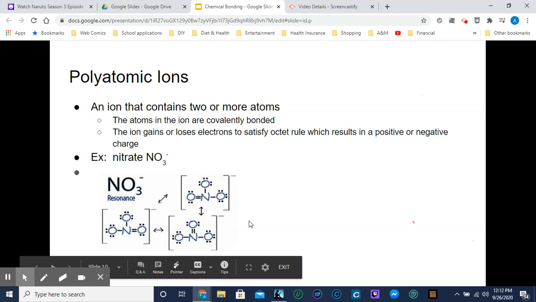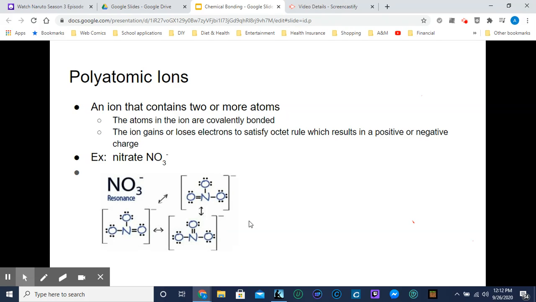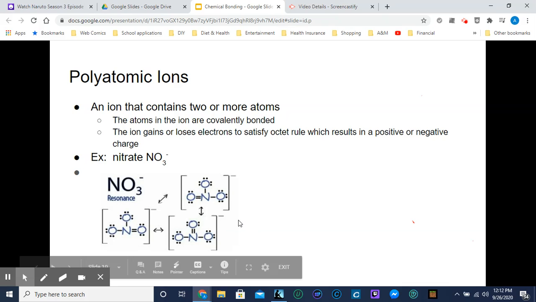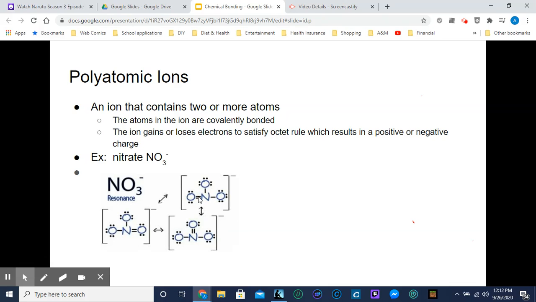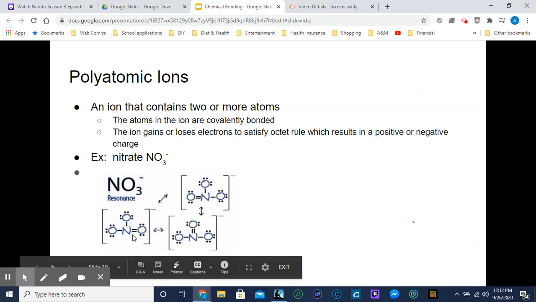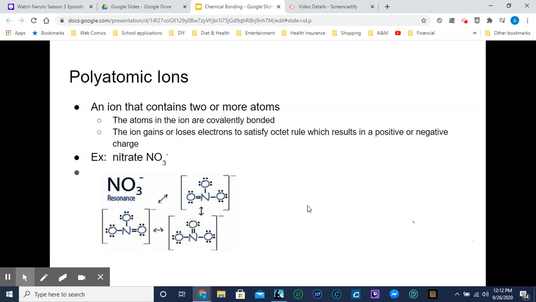Nitrate is also a good way to demonstrate a property of covalent compounds called resonance, which is where you have a multiple bond on one atom and single bonds on others. Well, that multiple bond doesn't necessarily have to be in a particular place. It could be on any of these 3 oxygens, for example. So there would be multiple ways to draw the Lewis structure for this molecule.